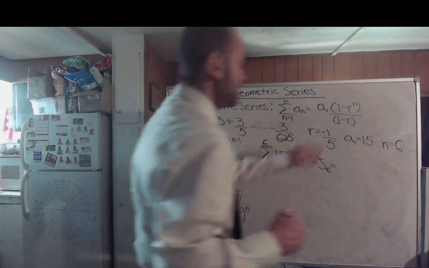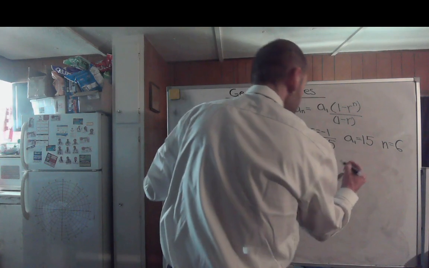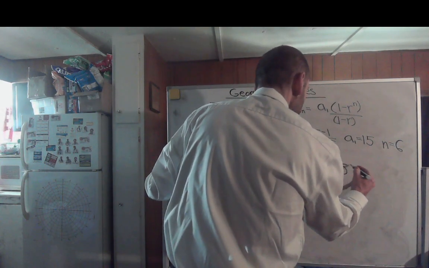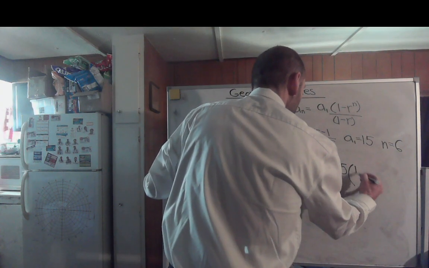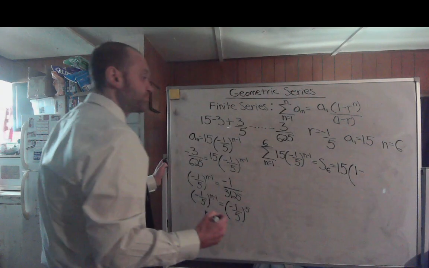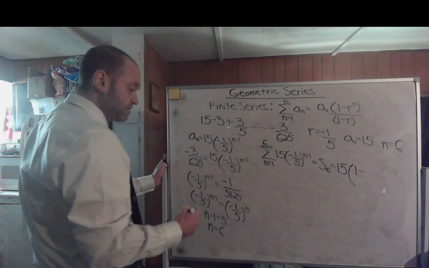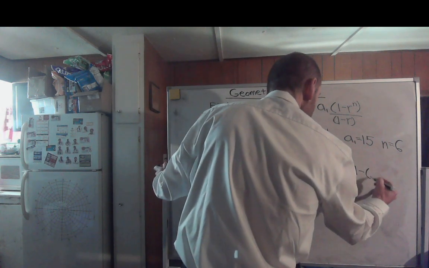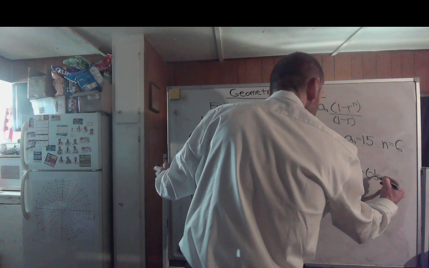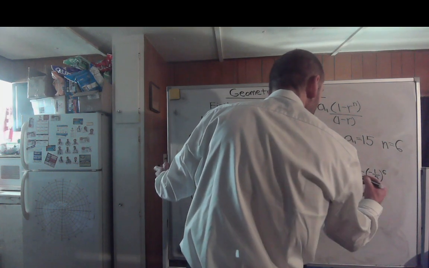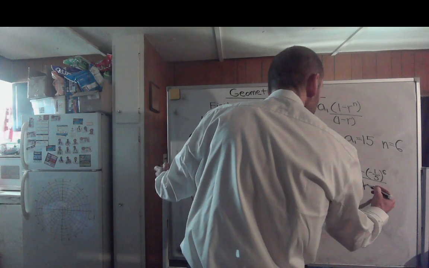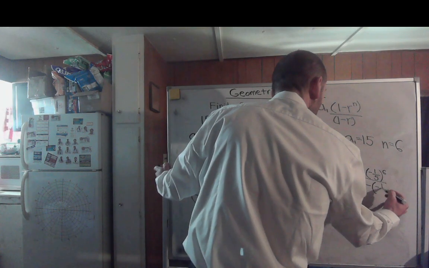Alright, so in the formula we'll put in our a sub 1 being 15 times 1 minus our common ratio of negative 1/5 to the 6th power all over 1 minus negative 1/5.